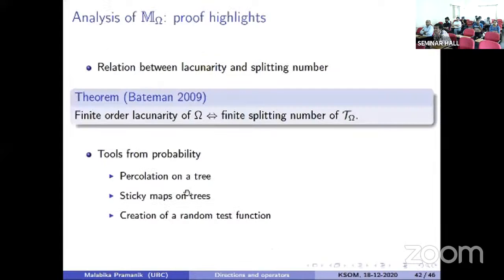Bateman's insight was that finite order lacunarity of a slope set Omega is equivalent to the tree T Omega having finite splitting number. This fact played an instrumental role in the creation of a sequence of random test functions that ultimately led to the unboundedness of M Omega, where Omega is not lacunary of any finite order.